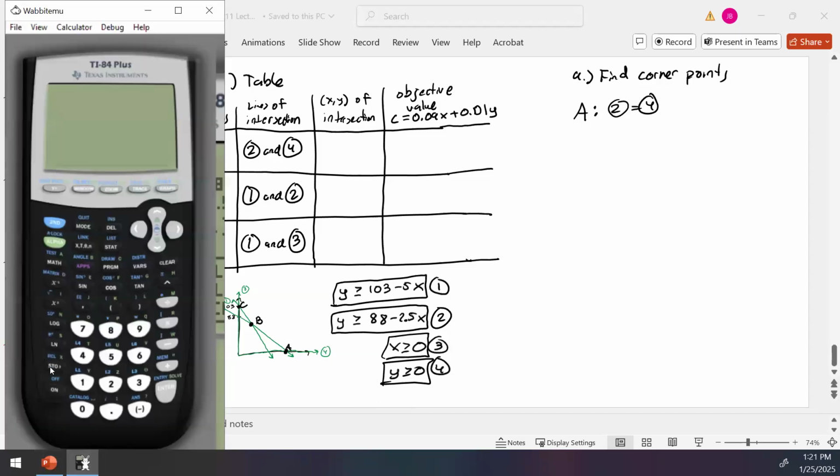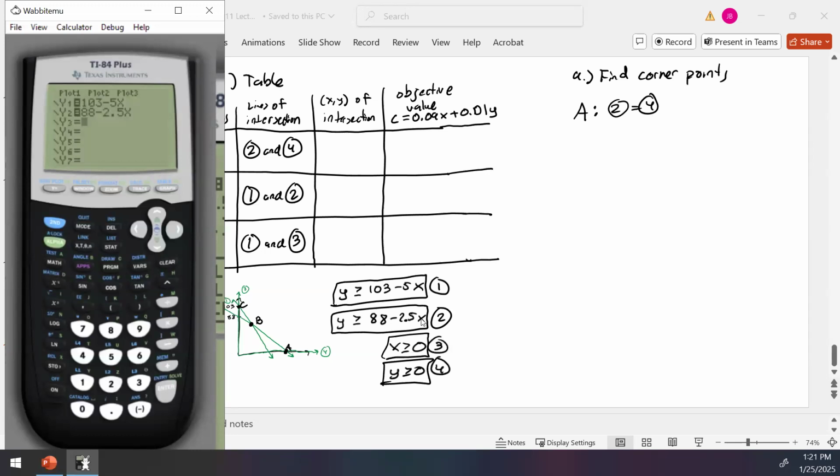And then let's go to our calculator. Let's do y equals. Let's erase all of these. And then let's type them in. So for the first one, 103 minus 5x, 88 minus 2.5x. And then I would not write these two because you don't need to.